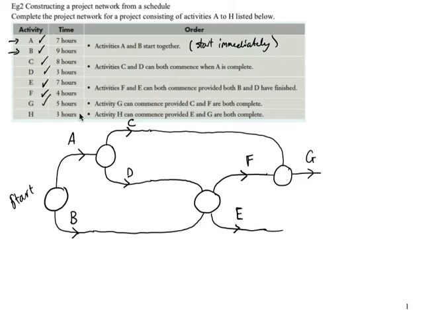And activity H can commence when both E and G are both complete. So therefore E and G have to tie in. So I'm going to draw a circle here, and then out comes H. So now activity H has commenced provided E and G are both complete.